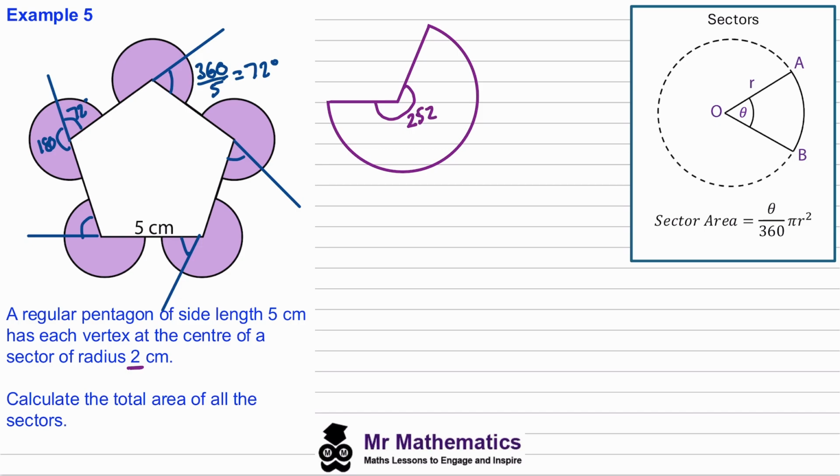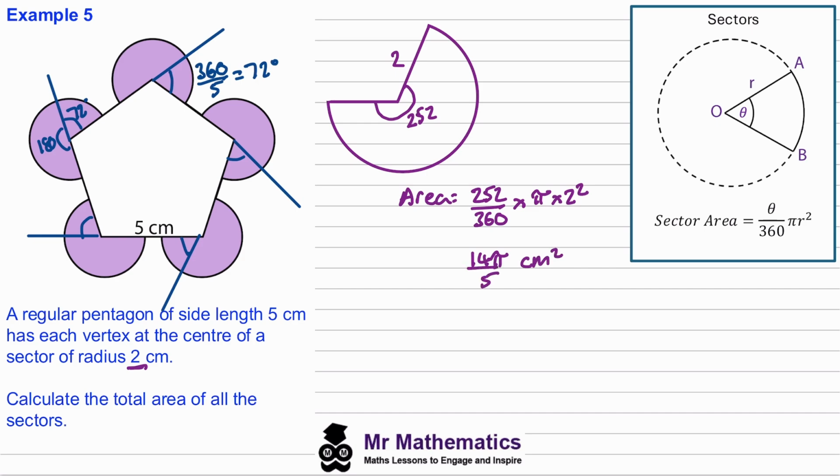We're told that the radius is 2 centimeters. So the area will be 252 divided by 360 multiplied by pi multiplied by the radius squared. We can work all of this out on our calculators and we get 14 pi over 5.